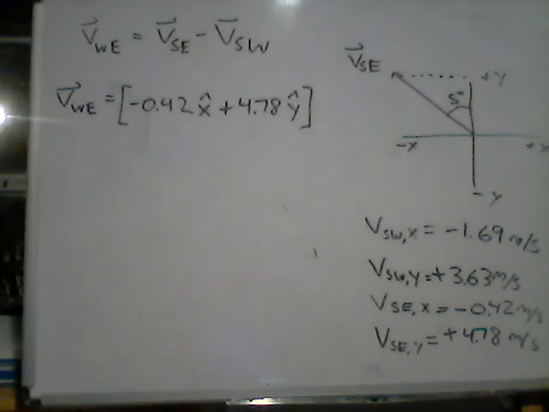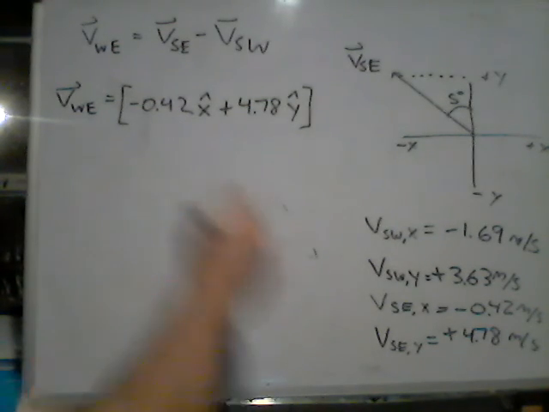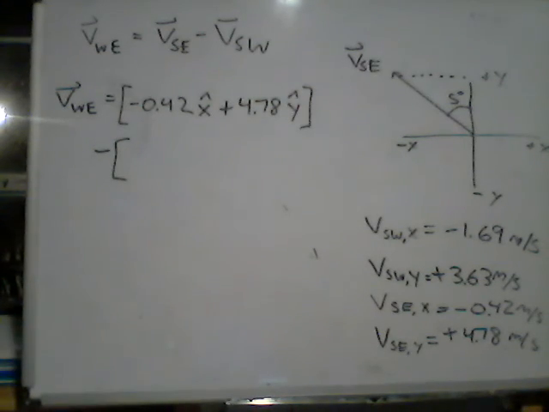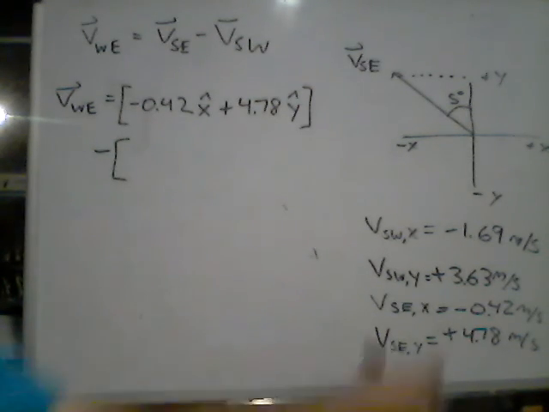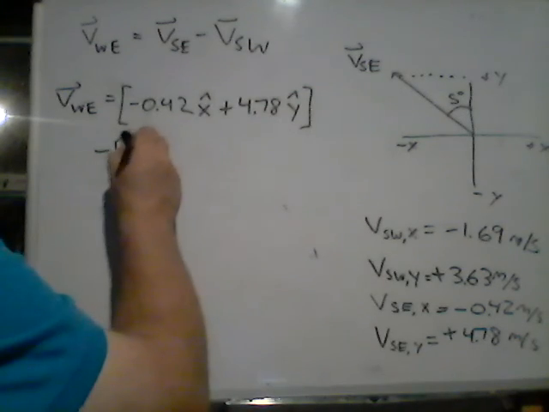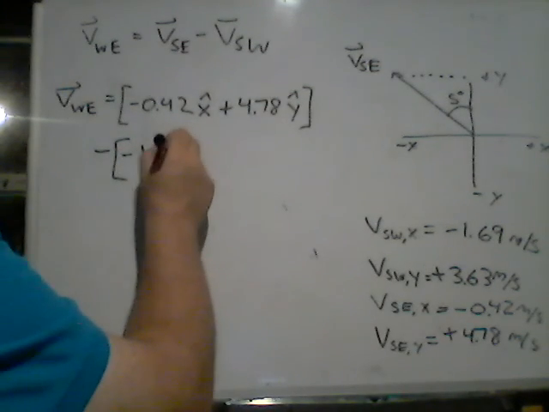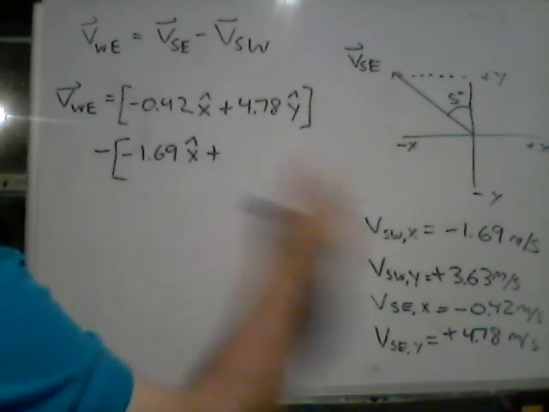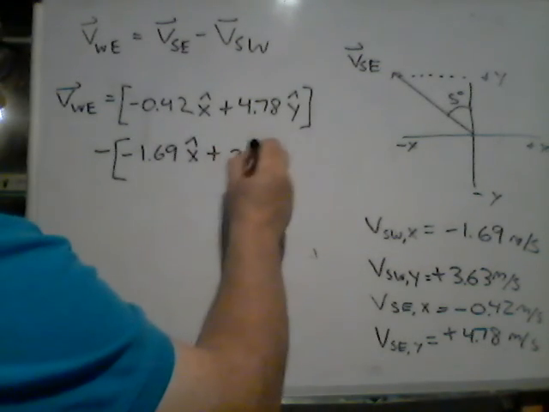Okay, so that's just stating the vector. Here's where it gets tricky: I'm now subtracting the other vector. I'll just state the vector first. So again, I have to subtract V sub SW now. So negative 1.69 X hat, and then this is positive 3.63 Y hat.